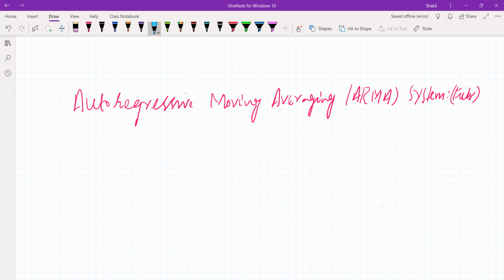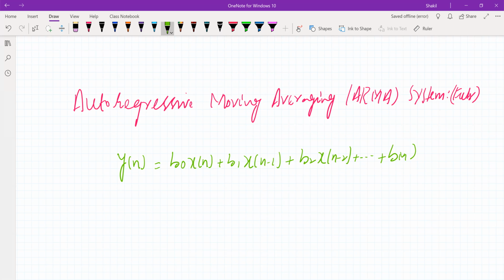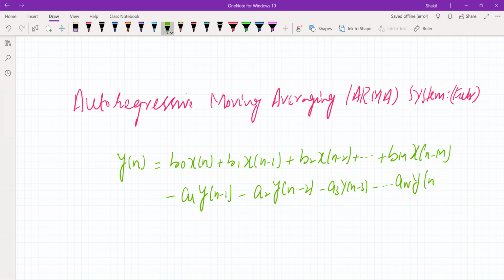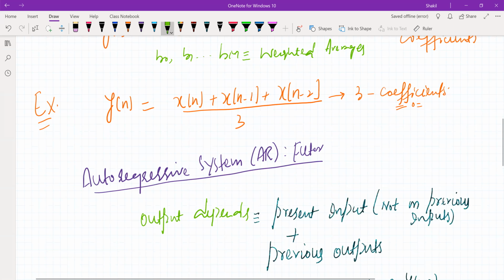So let me write it again. The output y of n will be equal to b naught x of n plus b1 x of n minus 1 plus b2 x of n minus 2, plus so on, b of m x of n minus m, minus a1 y of n minus 1, minus a2 y of n minus 2, minus a3 y of n minus 3, minus so on, a of N y of n minus N. You can see this is actually the same difference equation.